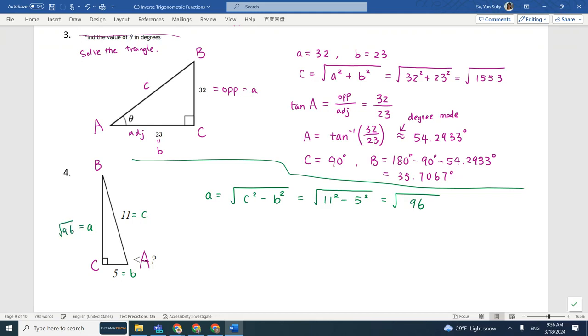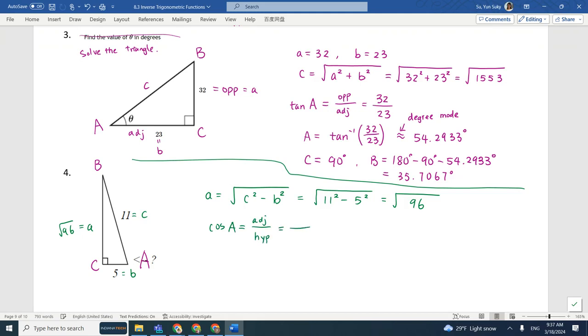So we know all sides. You can use any trig functions. But because 11 and 5 are good numbers, what trig function do we use to find the angle A? Cosine. So cosine A is what? Adjacent over hypotenuse.